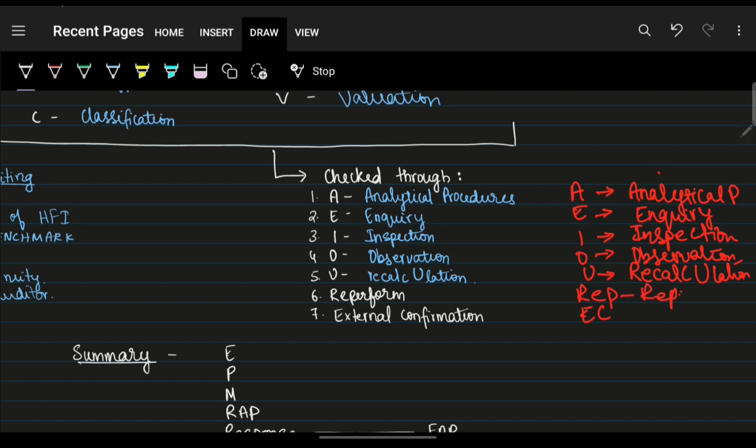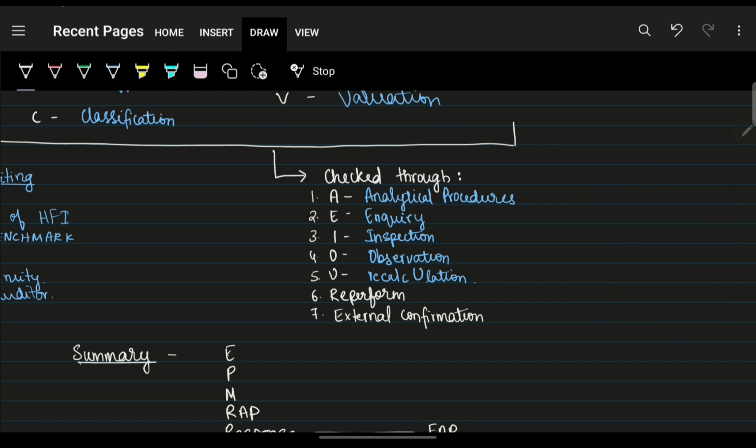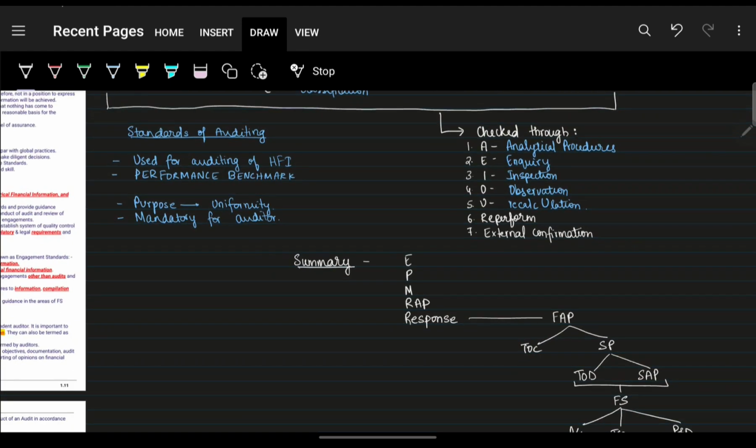He will reperform the procedures that are performed by the TCWG and the management. External confirmation is asking your creditors, or any person who is a payable in your books of accounts, to confirm whether the amount being shown in our balance sheet is correct or not. So external confirmation is also possible.